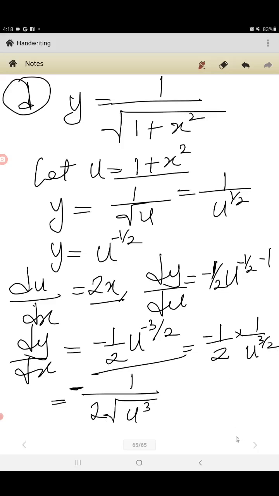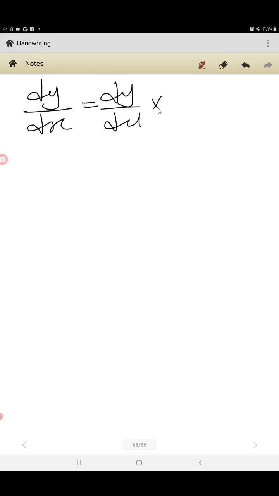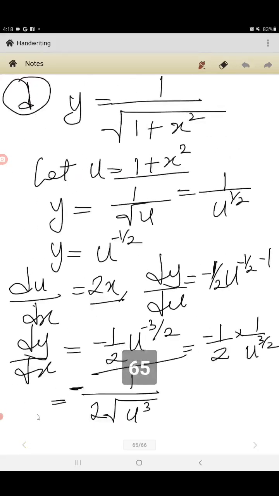Since we are able to get this, let's now apply our chain rule. dy with respect to x is equal to dy with respect to u multiplied by du with respect to x. So we have minus 1 over 2 root u raised to power 3 times 2x. You know our value here is 2x when we differentiate u with respect to x.